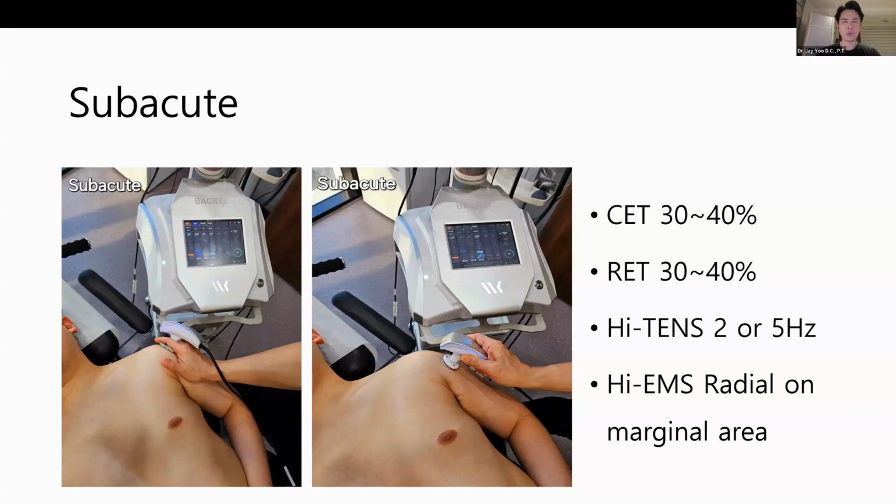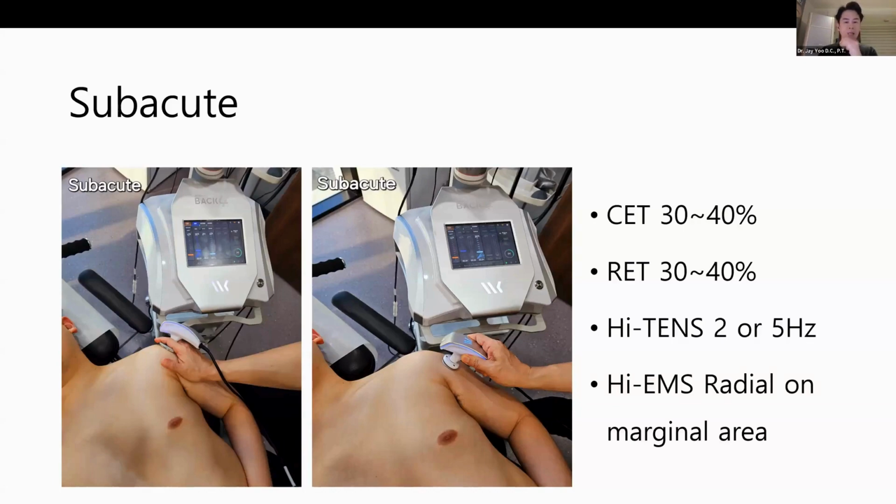I use 2 or 5 hertz of high tense for stimulating the secretion of endocrine hormones, such as endorphin. So in the acute case, I use 25 hertz to saturate the nociceptors. In the subacute case, I use 2 or 5 hertz high tense for the secretion of endorphin or other endocrine hormones.